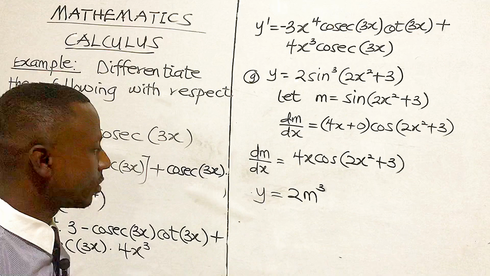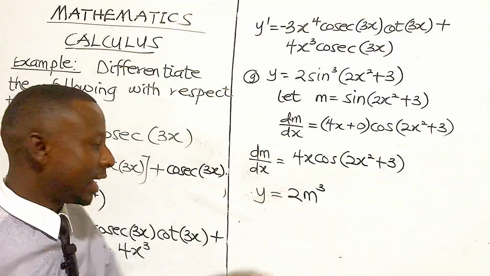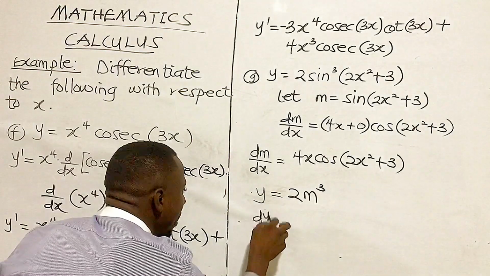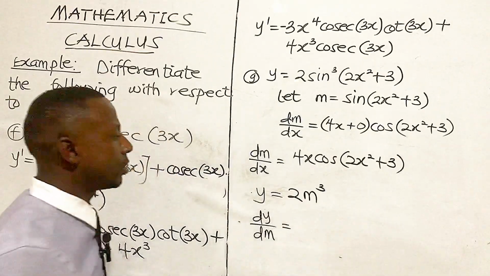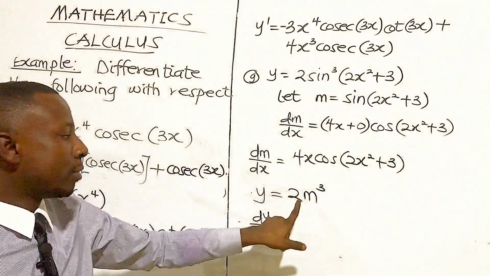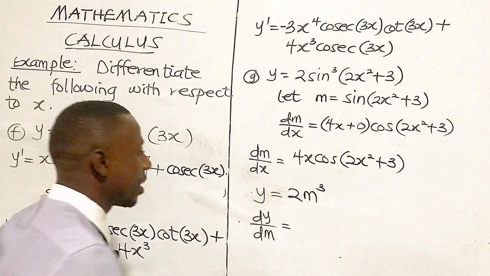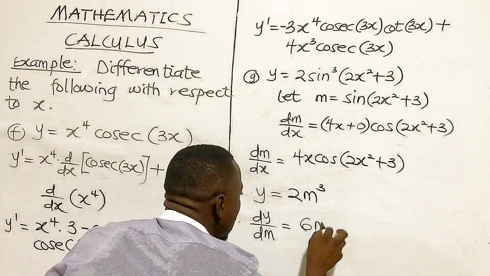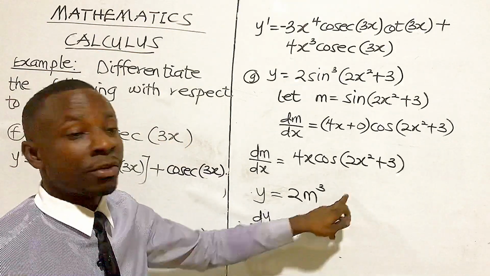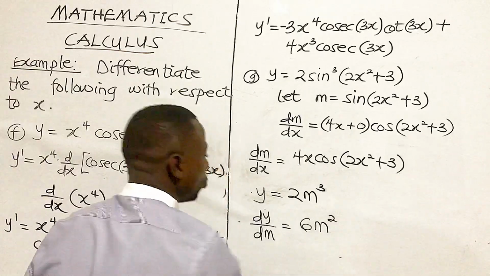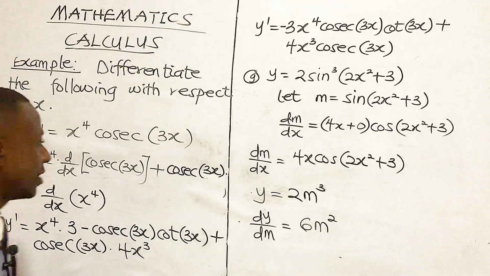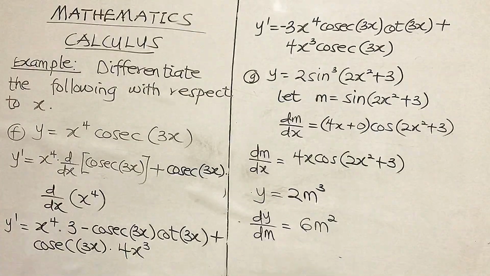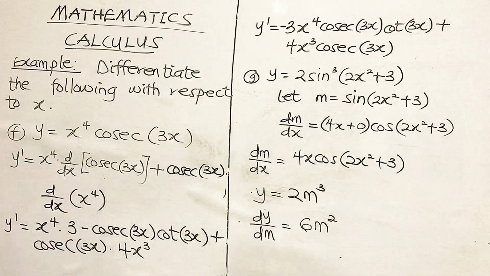So if that is the case, then I have dy over dm equal to, now when 3 multiplies the 2, I have 6m, and taking 1 from the exponent, I have 2. So since we have this, we can now get the dy over dx.